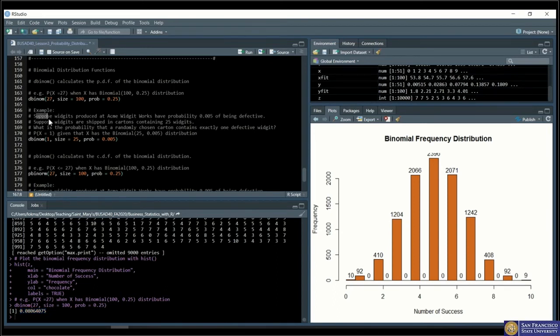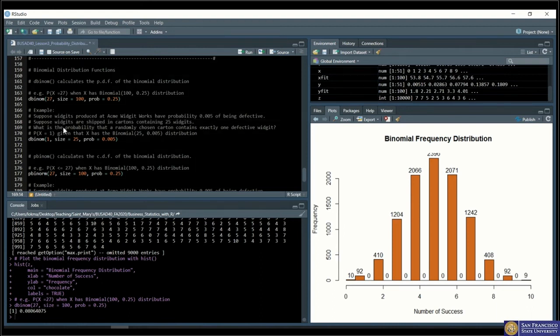Suppose we are doing exactly the same study here. We have a probability of finding a defect in production, which is a 0.5% chance. And suppose we ship cartons containing 25 widgets. So one carton contains 25 widgets.